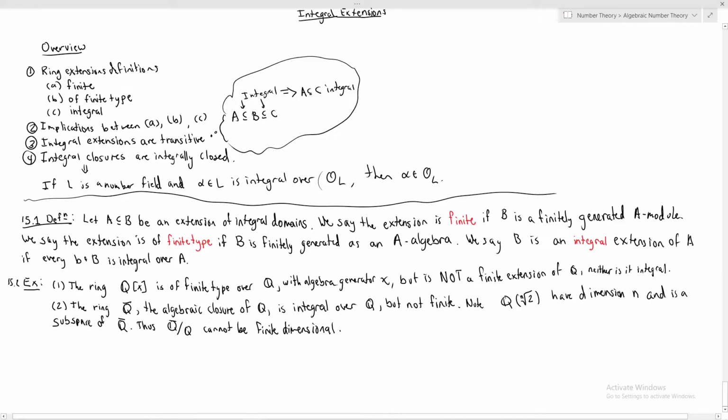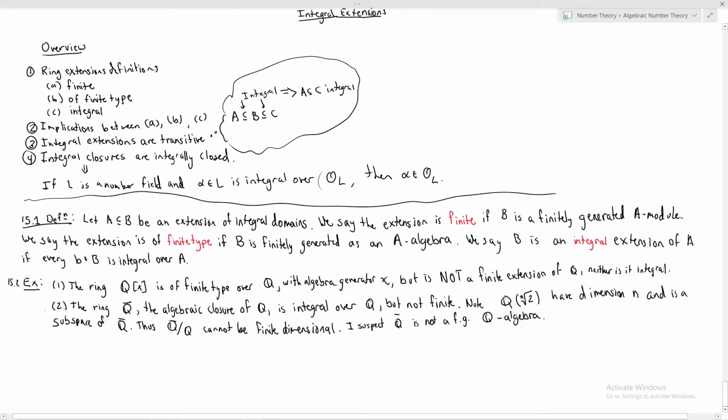I'm not entirely sure, but I suspect Q bar is not finitely generated as a Q algebra. So this could be wrong, but I suspect Q bar is not a finitely generated Q algebra. Okay. Yeah, it's kind of an interesting question, but I'm not going to think about it now.